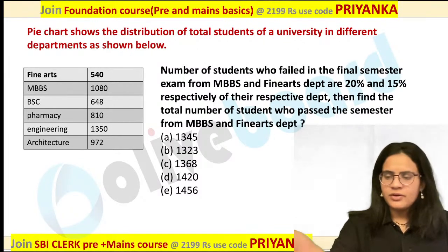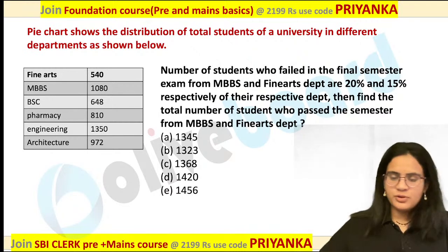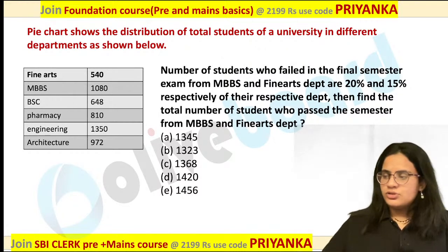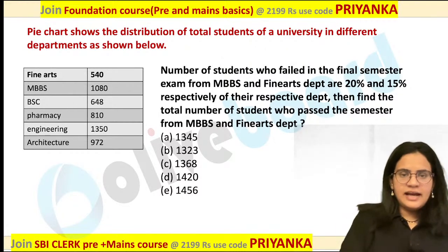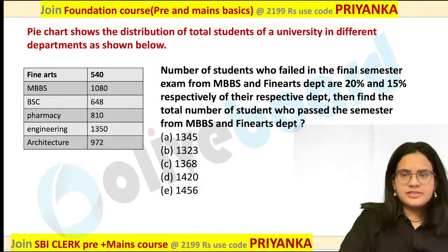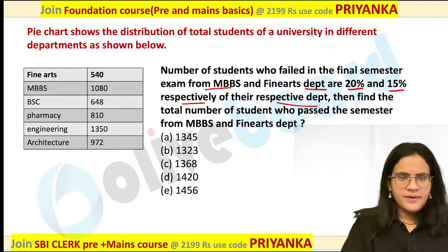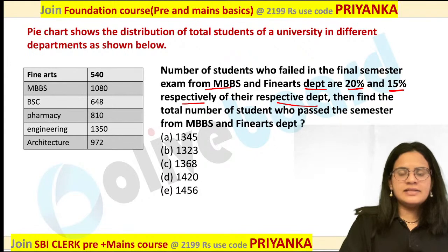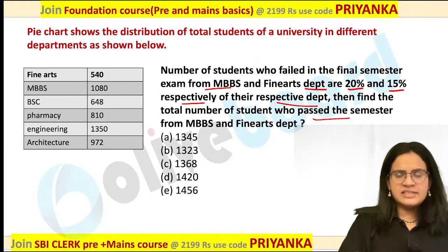Quickly, please put it in all the groups. So how will you do this question? Here they have given that the number of students who failed in the final semester exam of the MBBS and Fine Art departments are 20% and 50% respectively of their respective departments. Find the number of students who passed in the semester.